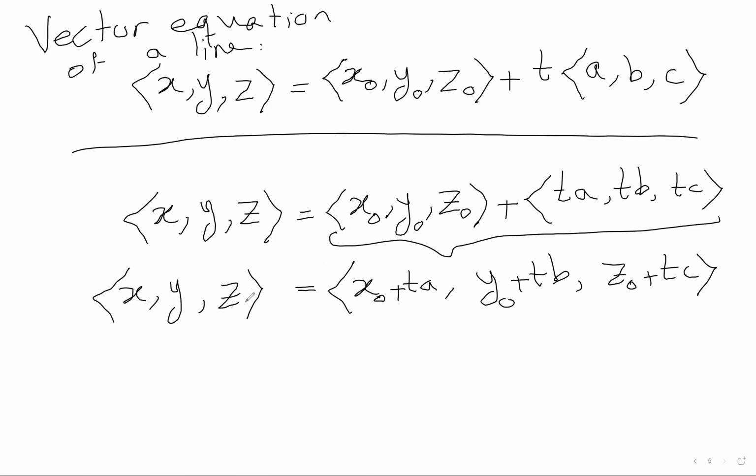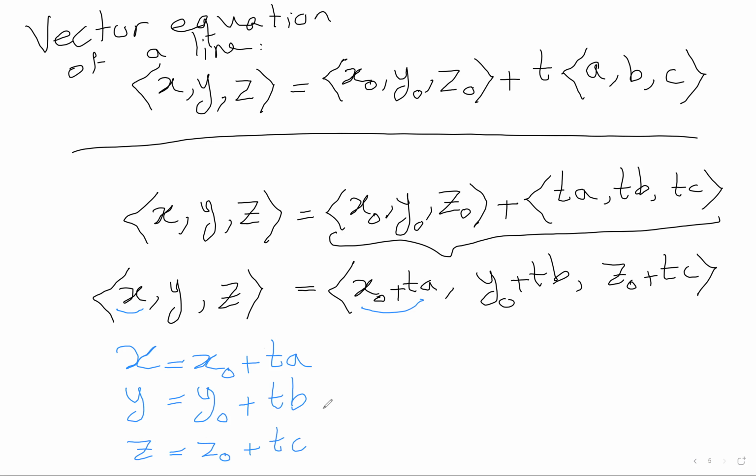So these two sides are equal. I can set the first coordinate equal to the first coordinate. So the x coordinate is x0 plus ta. Y is y0 plus tb. And z is z0 plus tc. In an example, x0, y0, z0 are given, a, b, and c are given.